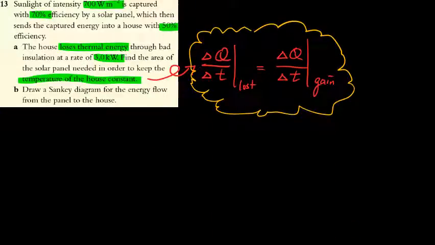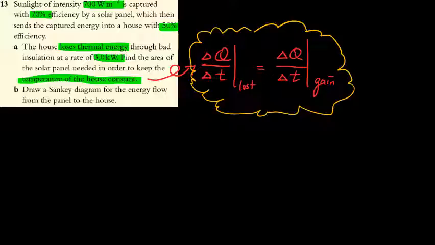Next question, these are the keywords you should have highlighted, and part A asks you to find the area so that the temperature of the house can be kept constant. So basically what it means is, when you say the temperature is constant, of course there must be energy loss to the surroundings, but in that case the rate of losing energy will be the same as the rate of energy gained from the device, the solar panel over here.